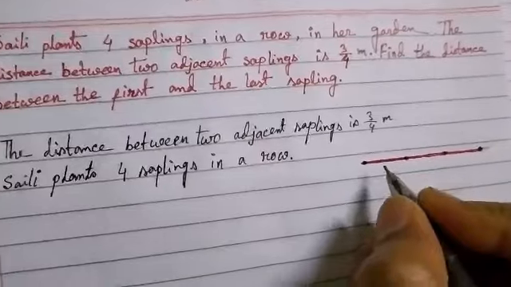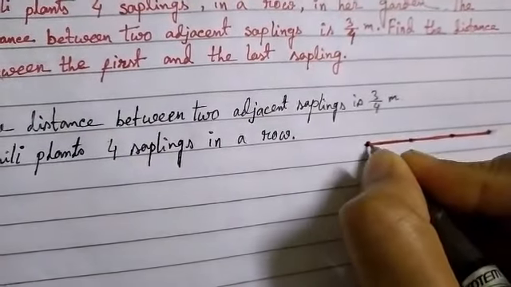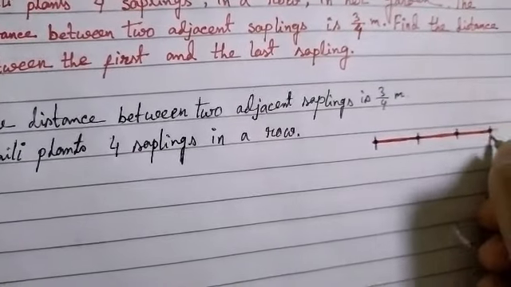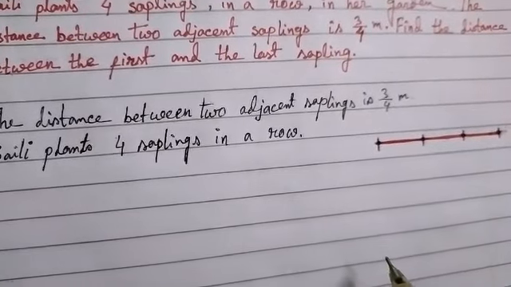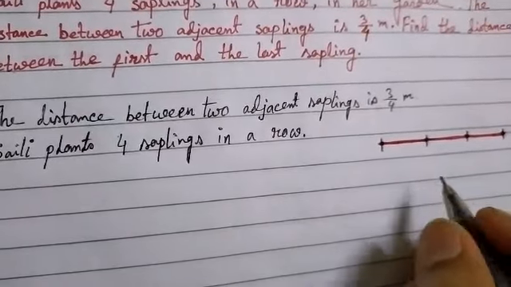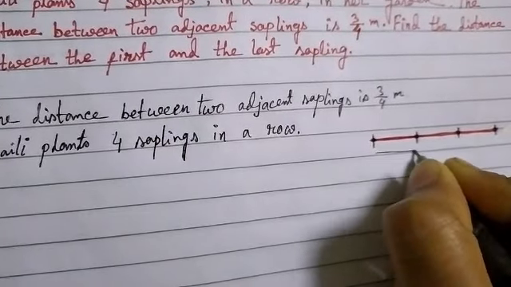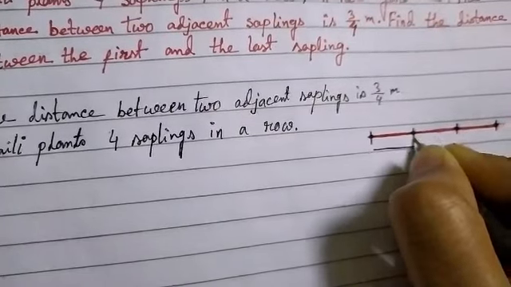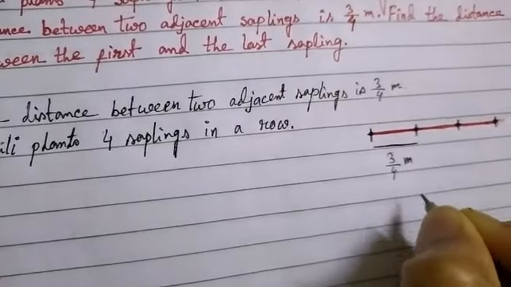Suppose this is the row, 4 saplings she plants. Now in the second sentence, the distance between two adjacent saplings is 3/4 meter. That means this is the first sapling, this is the second sapling, and this distance is 3/4 meter.